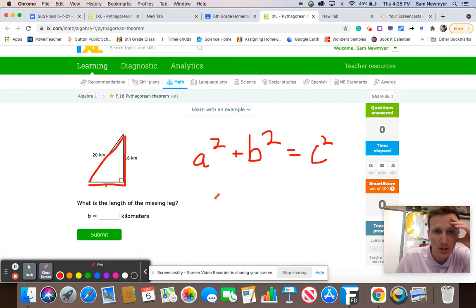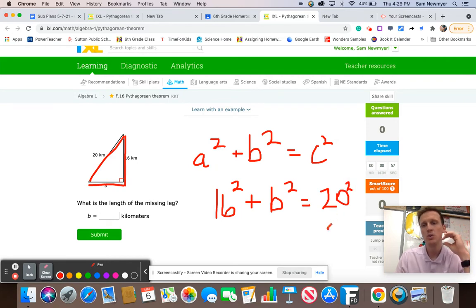So we have a, which is 16 squared, and we have b, which we're trying to find, so we'll leave it as b squared. And then c squared we have as well, so we'll plug in 20 for c. 20 squared is 400.